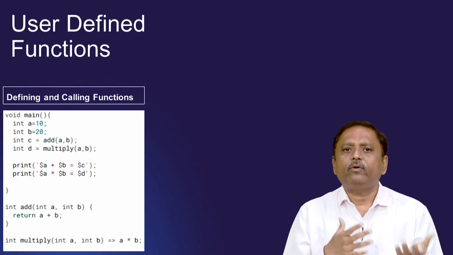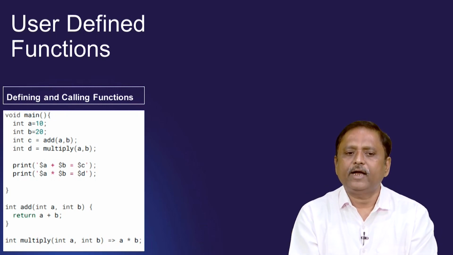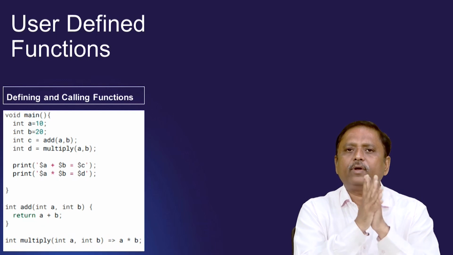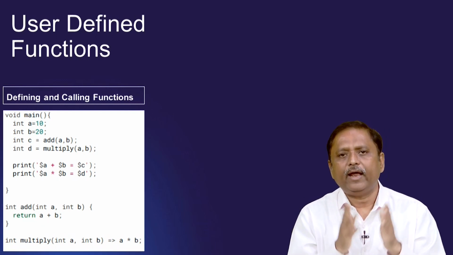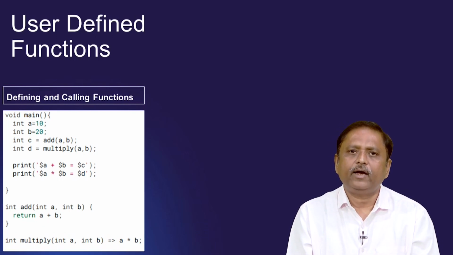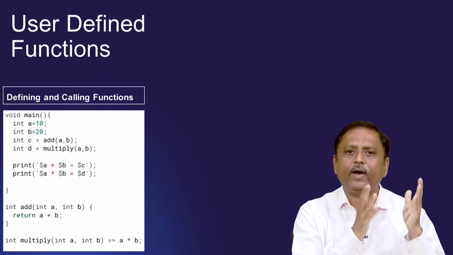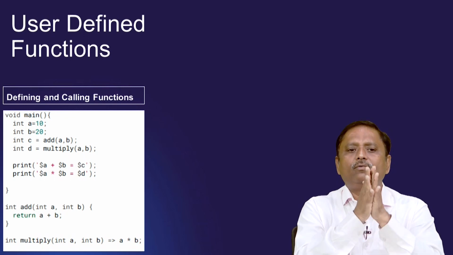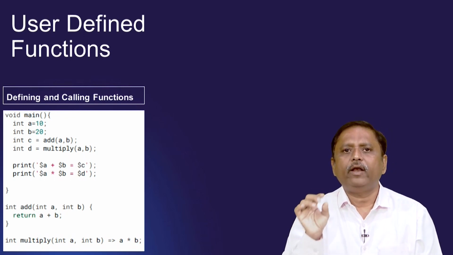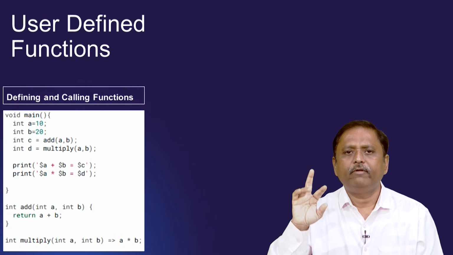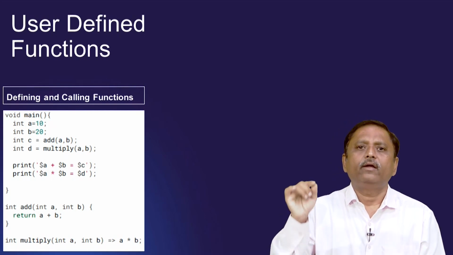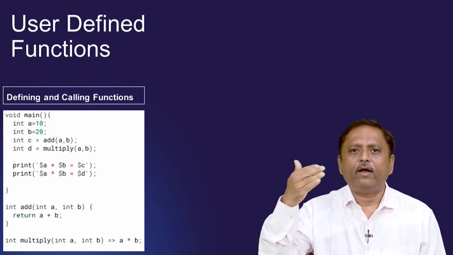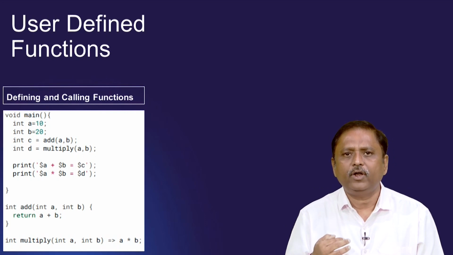Now, let us try to understand how to call this function inside main. So, inside main you can see we have two variables a and b of type integer and their values are assigned 10 and 20, and for integer c we call the function add and provide values a and b with comma separation, and then that add function is called below the main function.